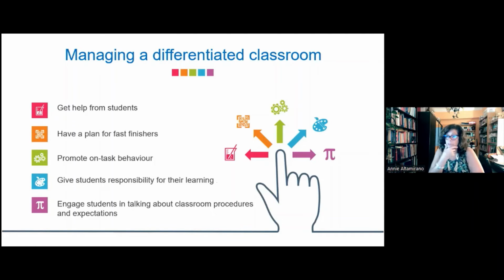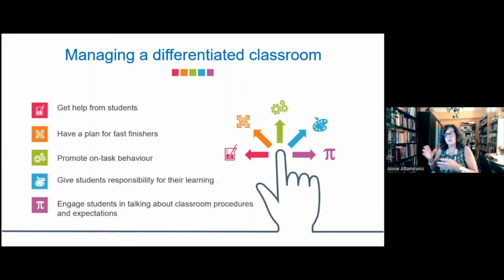Get help from the students. For example, when you're busy with another group or with a student, you ask the more confident students to give you a hand with something. Make sure they understand also when it is okay to come to you for help, and that it's not okay to disrupt another student's work.